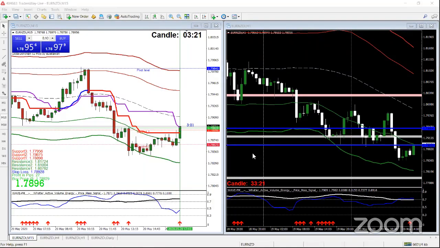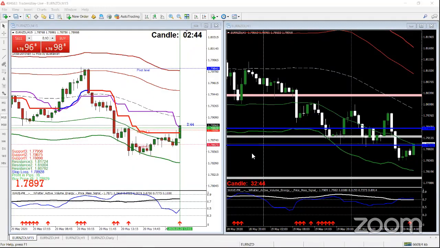If it closes out of the trend line, that would be a buy. We've got 3 minutes left on this 15-minute candle. So if it stays above Magic Trend, we have another option to go long with our stop below our Magic Trend.